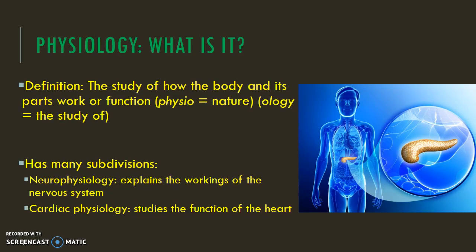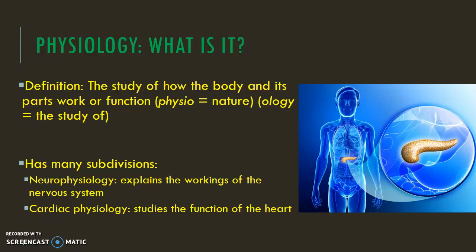Next, let's move on to physiology. So anatomy was what it looks like. Physiology is how it works, or the function of that organ. And physiology has a lot of different subdivisions. So if you were to go to the doctor and the doctor needed you to go see a specialist, you're going to go see some type of physiologist.